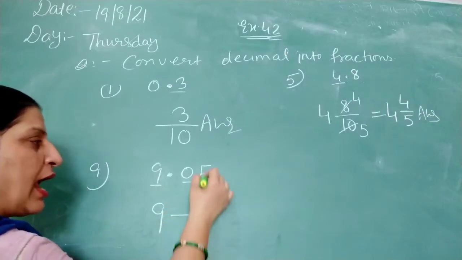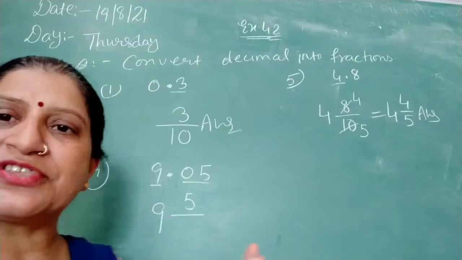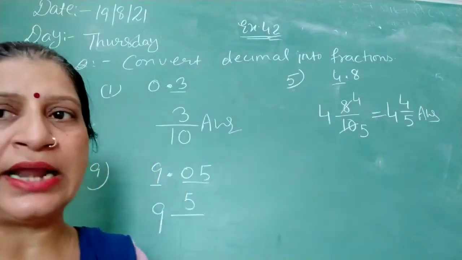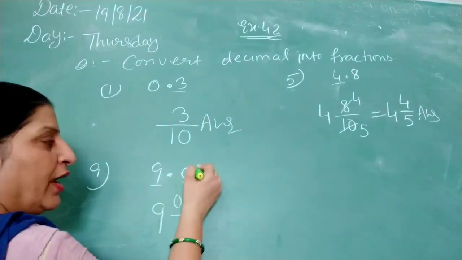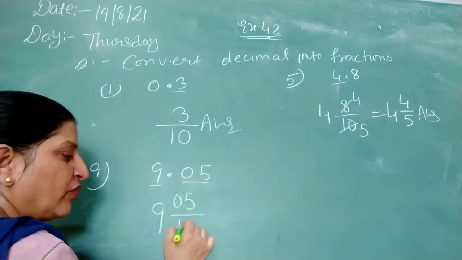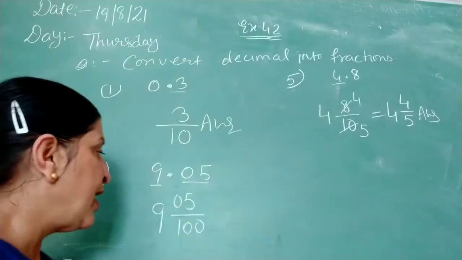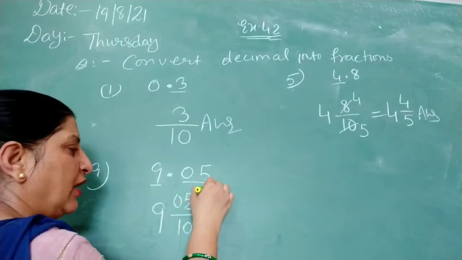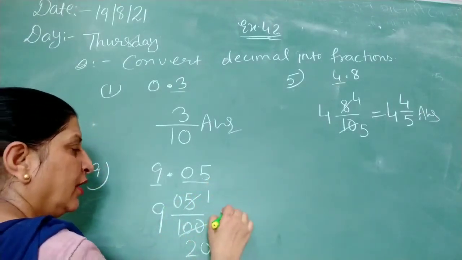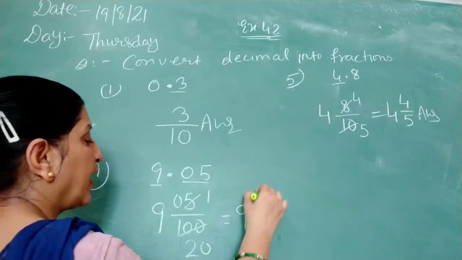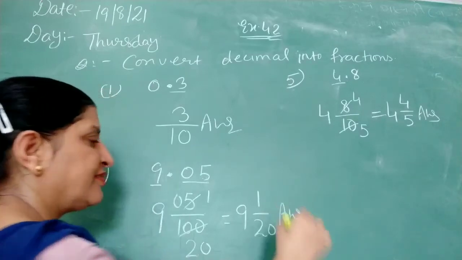After that we write the decimal part. डेसिमल पार्ट में 05 है, 5 से पहले 0 राइट डाउन करेंगे, देन इट ऑल्सो 5. सो वी राइट हियर 05 एंड दीज आर 2 डिजिट्स, सो वी राइट हियर 2 डिजिट्स यानी कि 5/100. नाउ इन द टेबल ऑफ 5 1 जा 5, 5 2 जा 10 एंड 0 इज हियर. नाउ आवर नंबर बिकम्स 9 combined 1/20 and this is your answer.